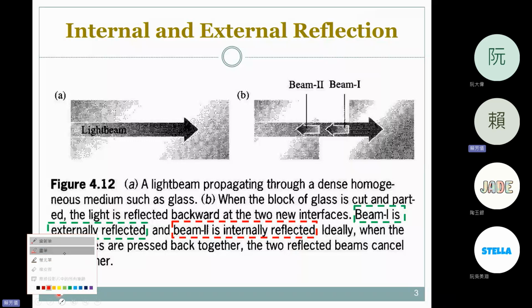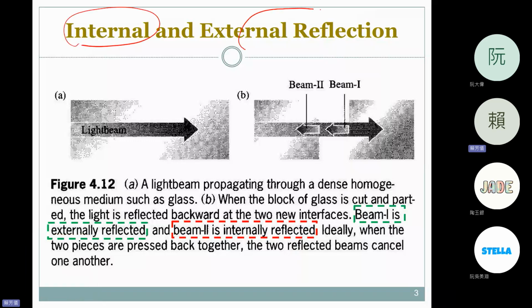So this makes the detailed definition of internal and external reflection, just to separate whether the reflection is from the interface from high to low or low to high.